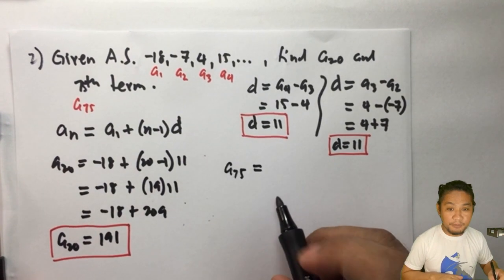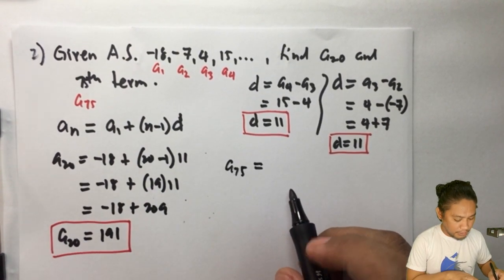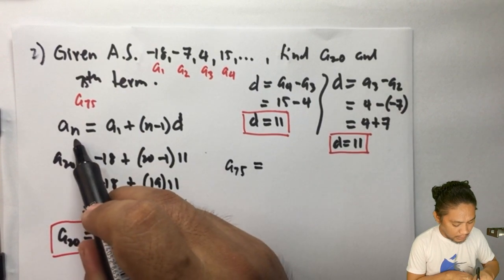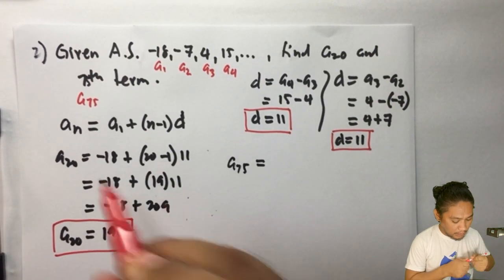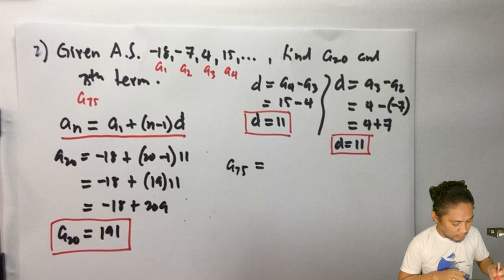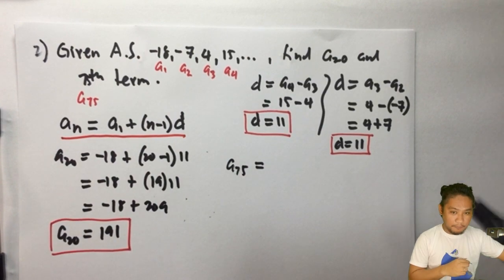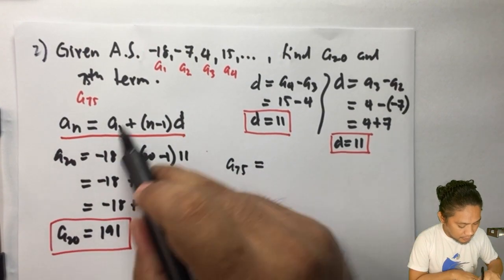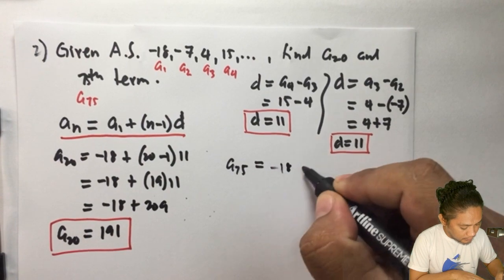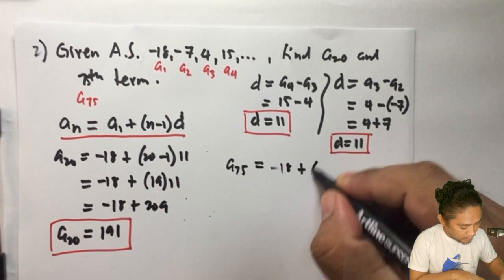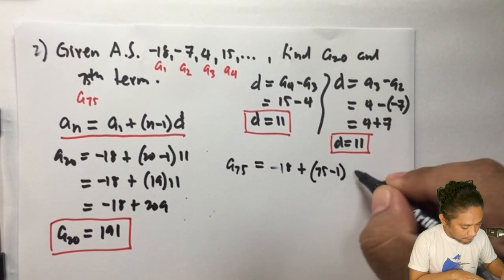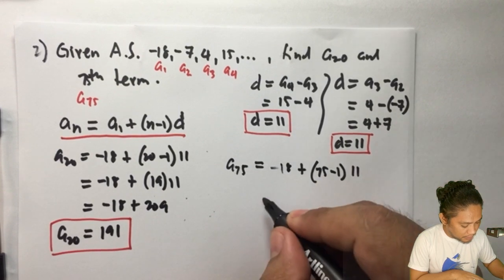Now to solve for the 75th term, we use the same process. Now we let our n here be 75. So our first term is still negative 18, plus our n here, 75 minus 1, times the difference, which is 11.